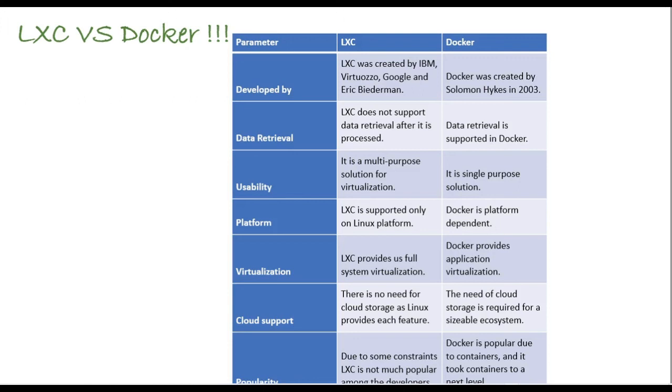LXC is supported only on the Linux platform, whereas Docker is platform dependent. LXC provides full system virtualization, whereas Docker provides application virtualization. If you talk about cloud support, there is no need for cloud storage as Linux provides each feature for LXC containers, whereas with Docker, we need cloud storage for a sizable ecosystem. So that's all about LXC and Docker.